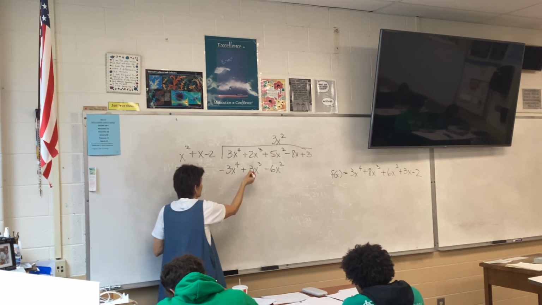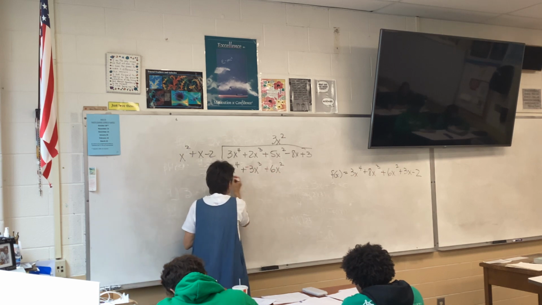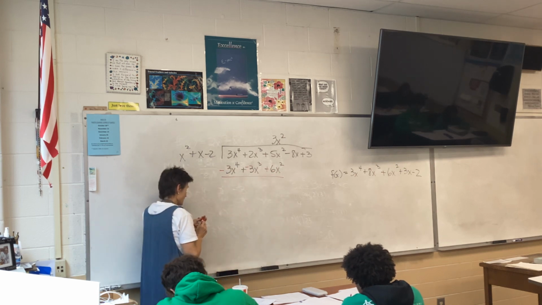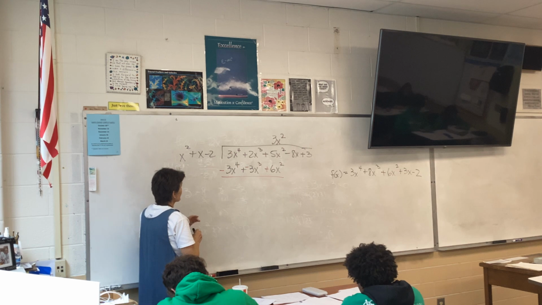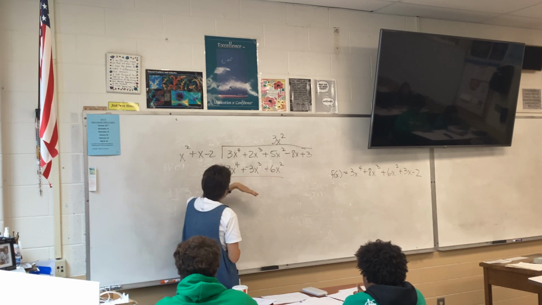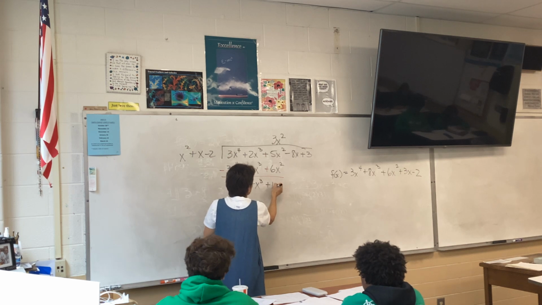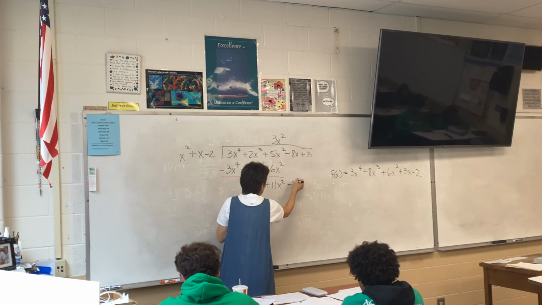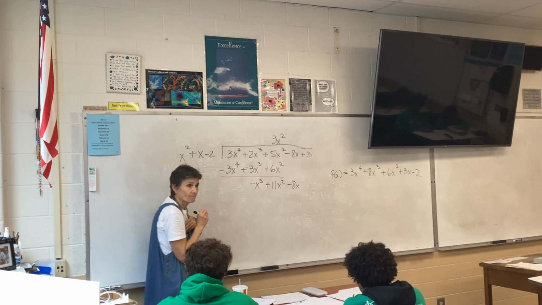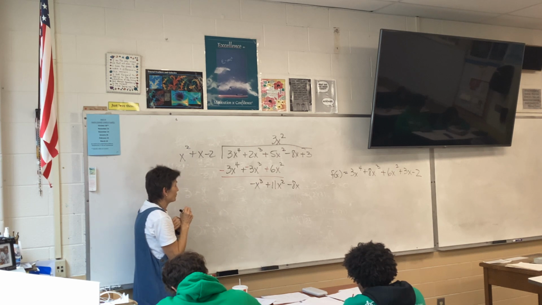All right, so now I subtract. Besides, I want you to practice long division, because sometimes it's necessary. So what do I have here? When I subtract, I get -x cubed plus 11x squared, and then I'll bring down my -8x. Start all over again.